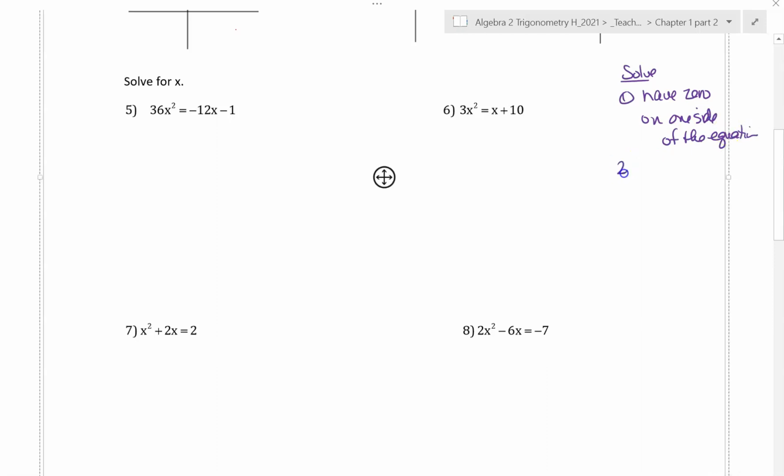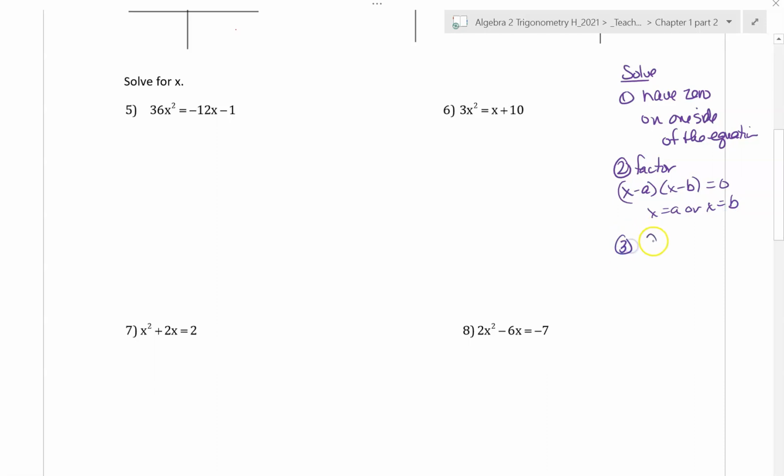Then you're going to try and factor. And you could use the zero product property, because remember, if you have the quantity x minus a times the quantity x minus b equals 0, we know that x is a or x is b. Remember, that was the zero product property. Or if that doesn't work, you might have to use the quadratic formula.